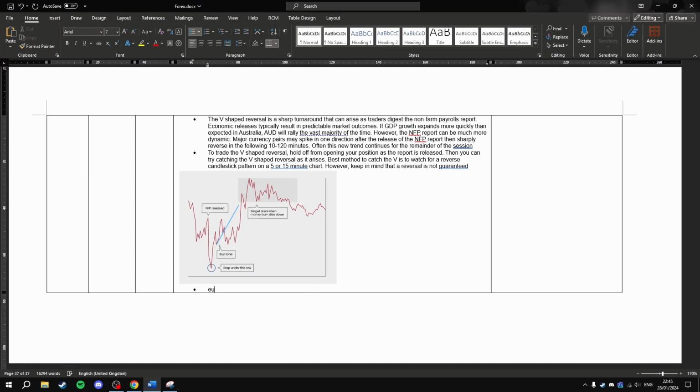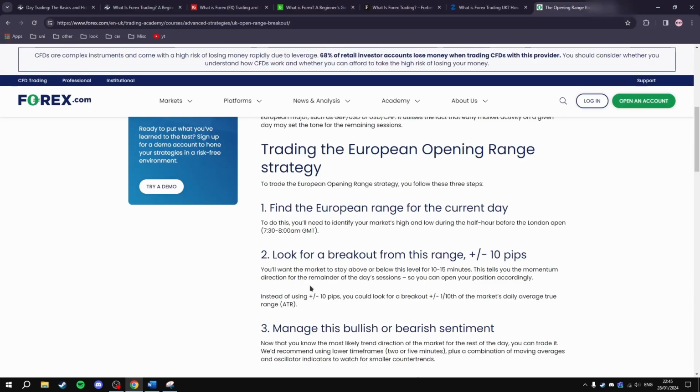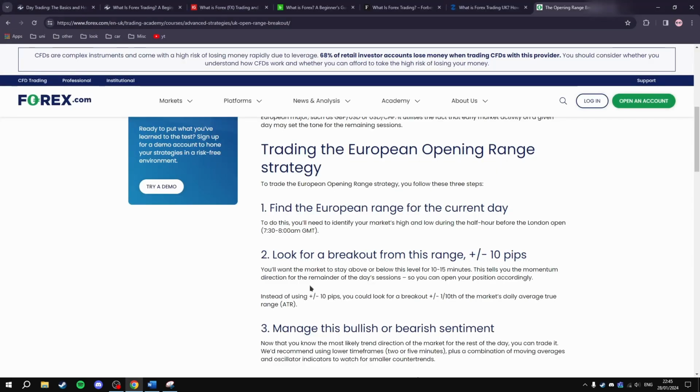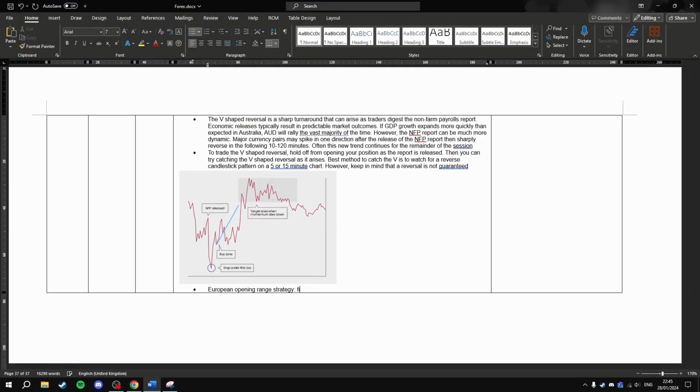So what is the European opening range strategy? Find the European range for the current day.